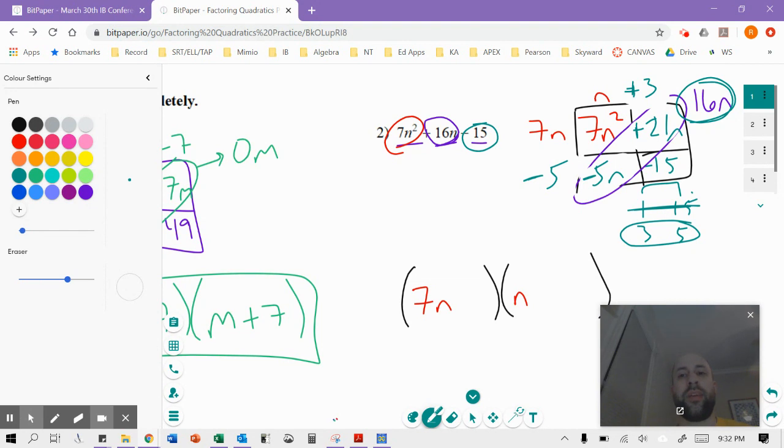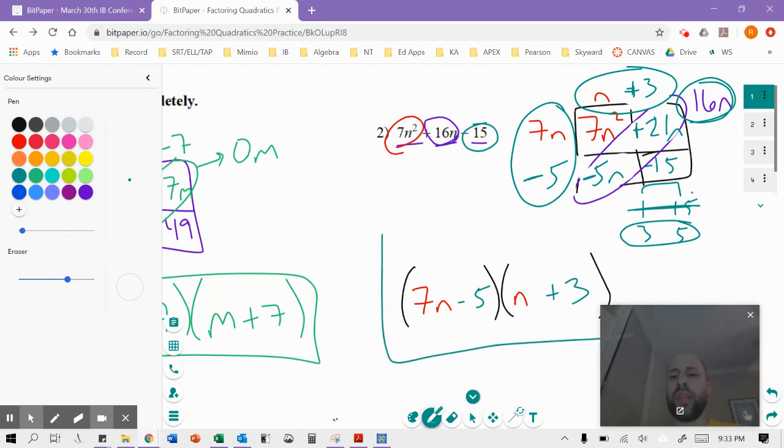So remember, my final answer is the 2 parentheses. It's writing down the sides of those boxes. If you're just trying to do that without the box, what you're really needing to check is we knew the 7n in the end, but we have to really check this calculation here.